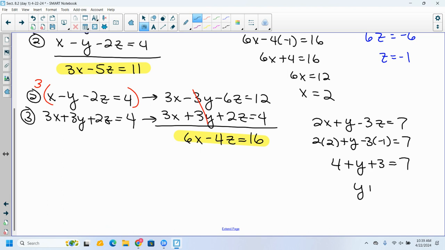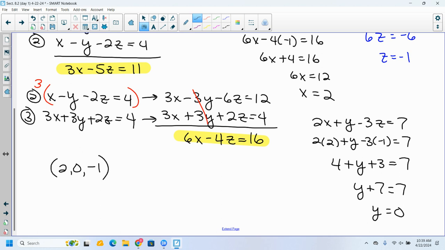And I get y plus 7 equals 7. I get y equals 0. Every now and then it just throws people off. They're like, oh, that can't happen. Yeah, that's fine. You get 0 for an answer. So I get, what's my final case here? I get 2, 0, negative 1. Okay, 2, 0, negative 1.